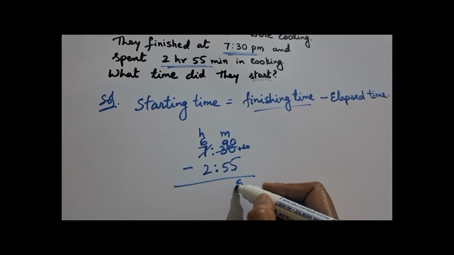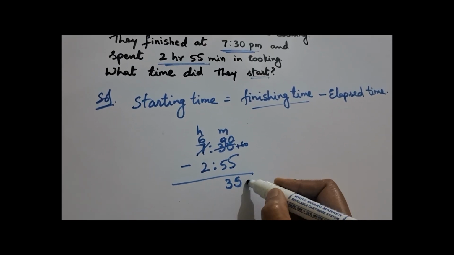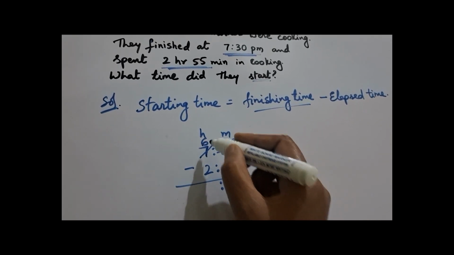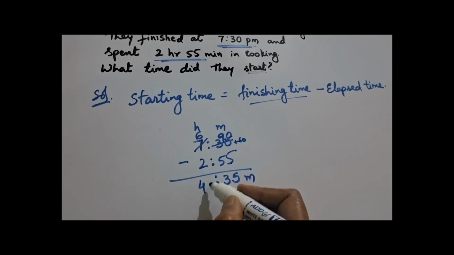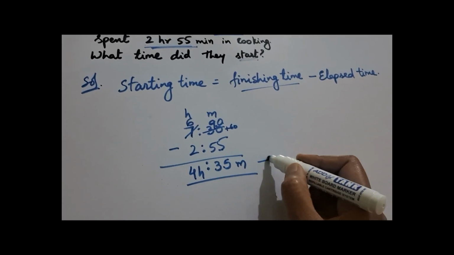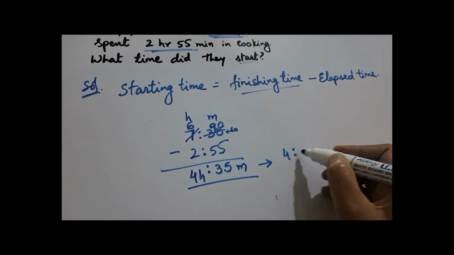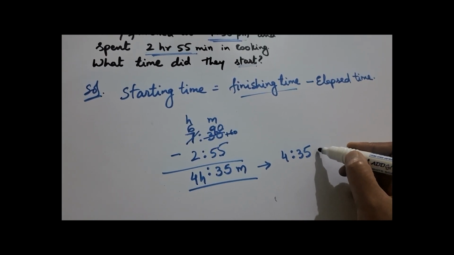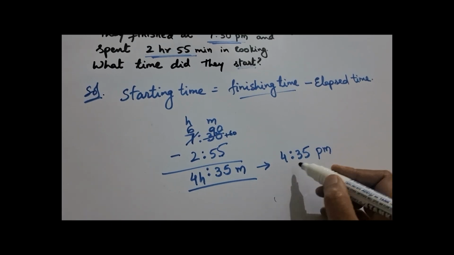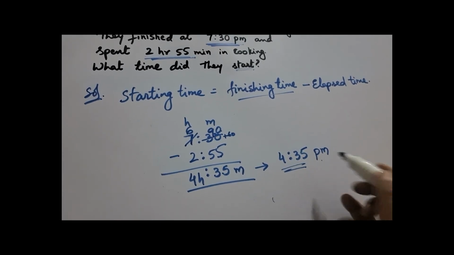How much, children? 35 minutes. And this one, 6 hours minus 2 hours, that is 4 hours. Okay, children. So the time is 4:35 p.m. That means they started cooking at 4:35 p.m.